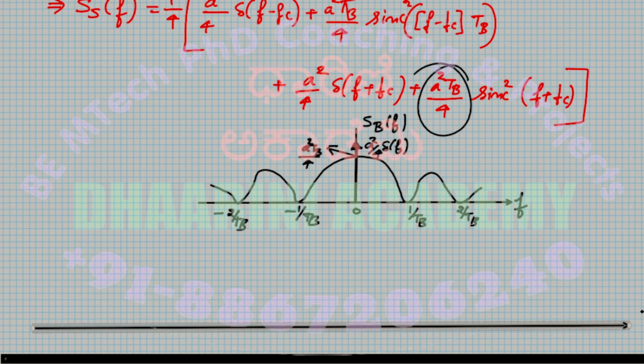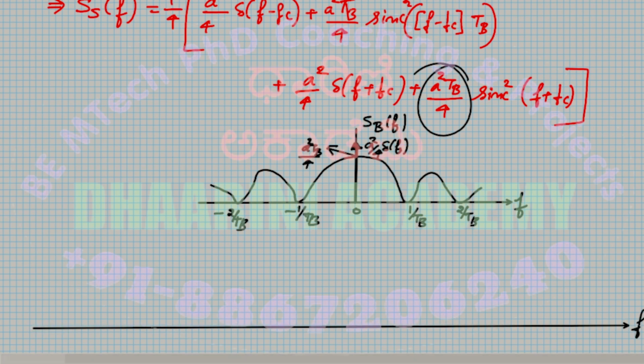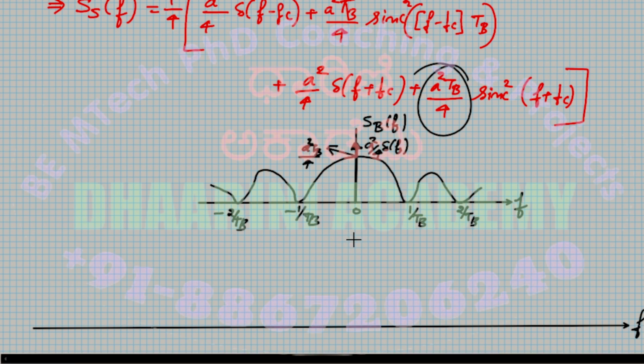Okay, so this is the f axis. Let me take a point. Anyway, I'll take the same thing as my point. This is what I'm trying to plot, the SS of f.